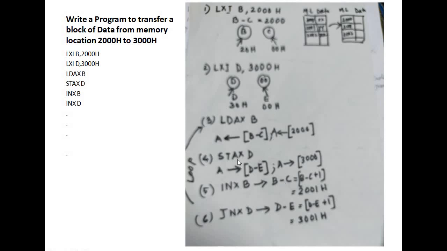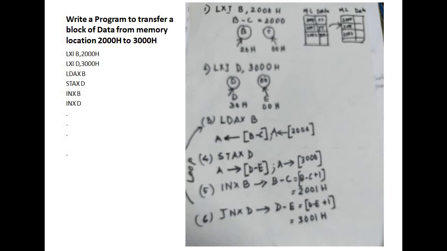So every time I am not writing LDA 2000, LDA 2001, LDA 2002, because LDA 2001 itself will take 3 memory locations, right? Because it's a 3 byte instruction. Then LDA 2002, then LDA 2003. How many memory locations is it taking in total? 3 plus 3 plus 3, 9 memory locations. Then for STA also we have used, it will take 18 memory locations.